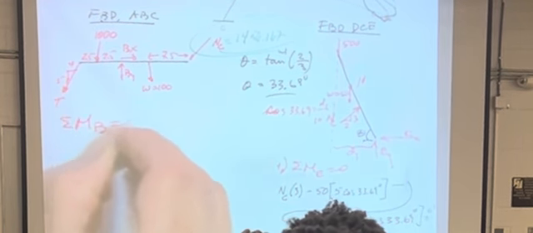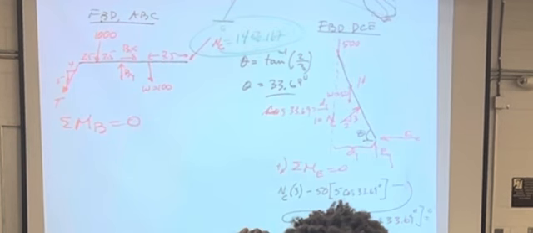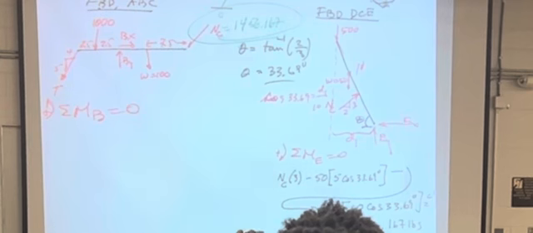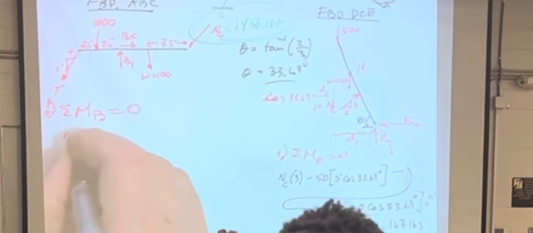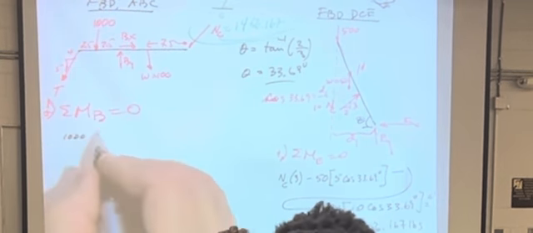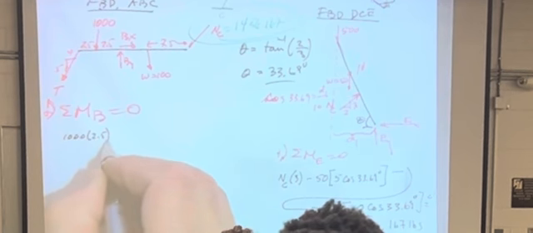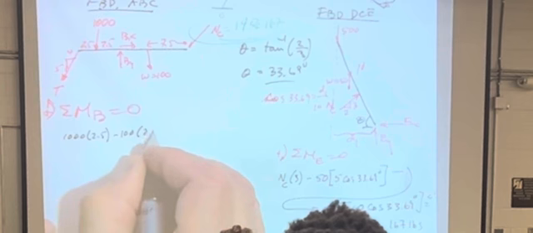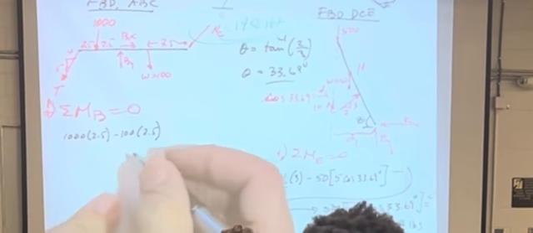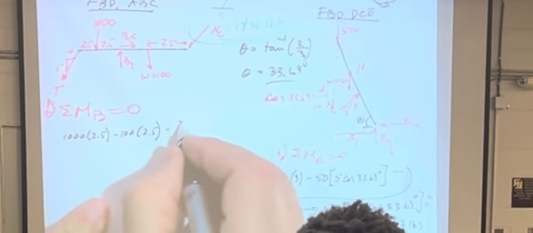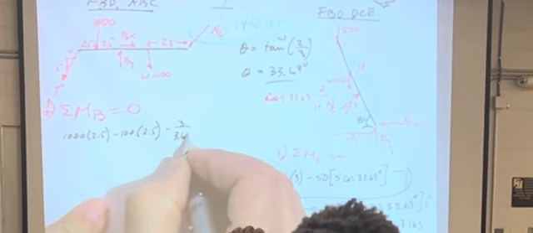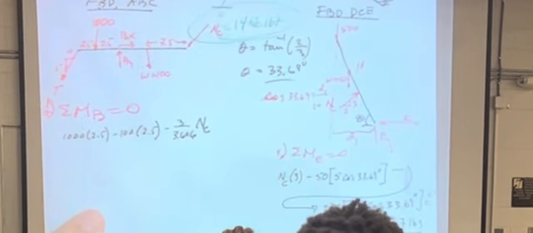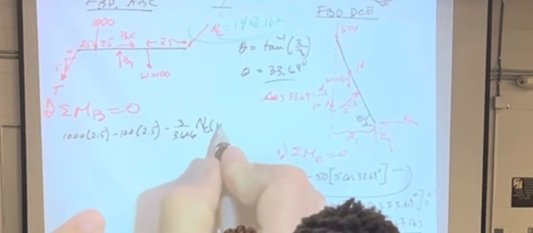Sum of moments about B equals 0. And I'll take counterclockwise positive. That's 1,000 from the distributed load times 2.5 minus 100 times 2.5. That's the weight. Minus 3 over 3.606 times NC times 10.